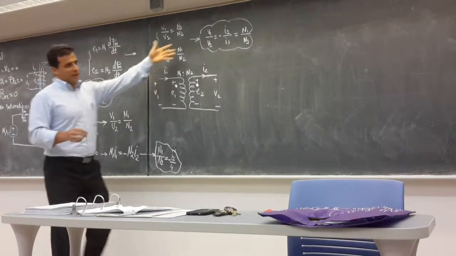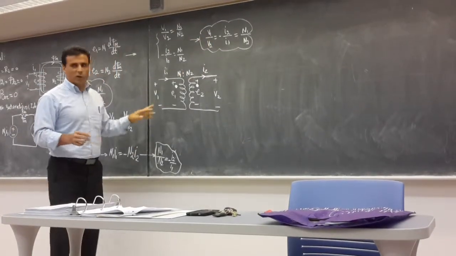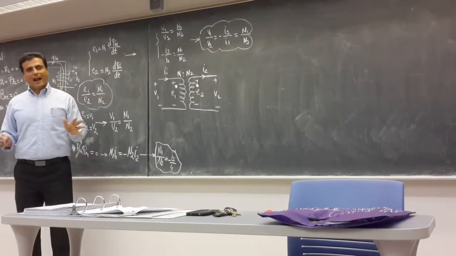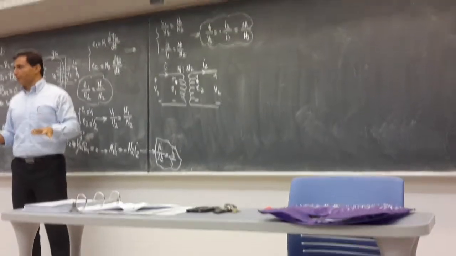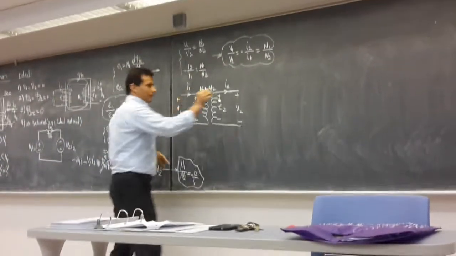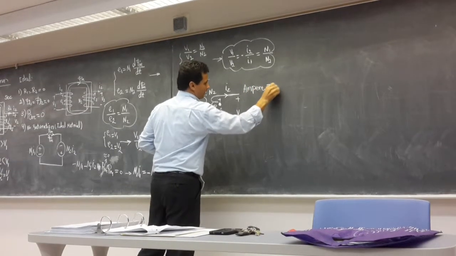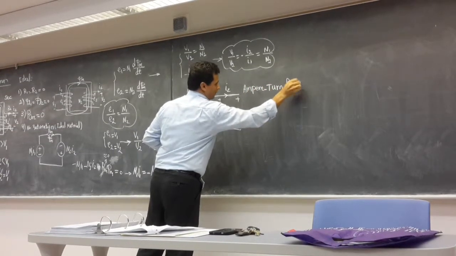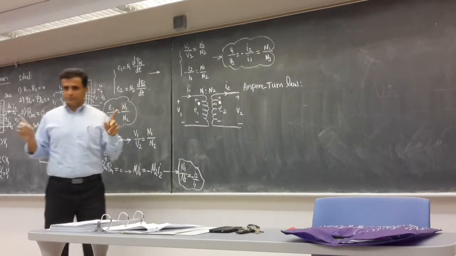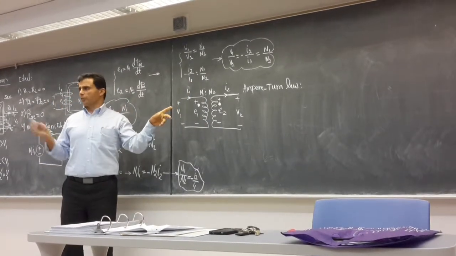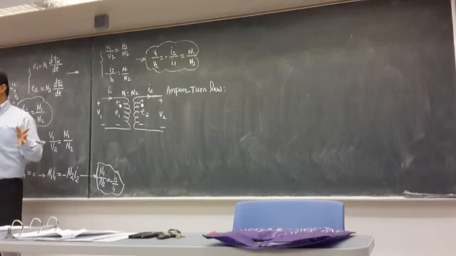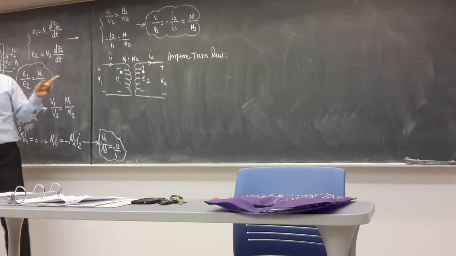The voltage equation is the same thing here, but for the current, this part we call the ampere turn law. Just learn this, the ampere turn law. Look at here. This is very important because for lots of problems, for some autotransformers, which we're going to talk about later, it's going to help a lot.